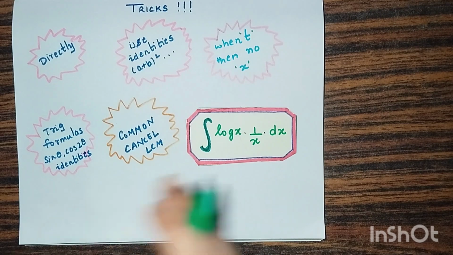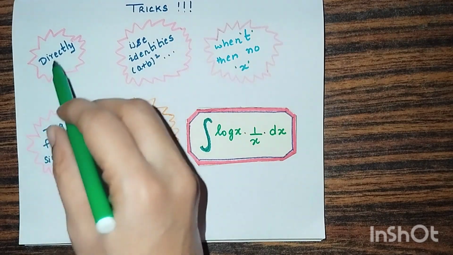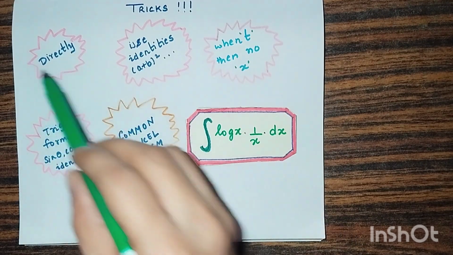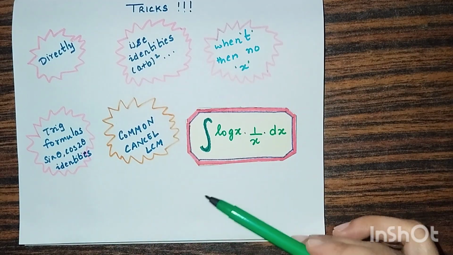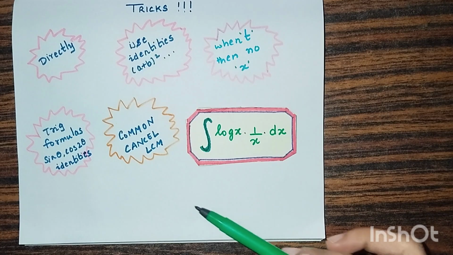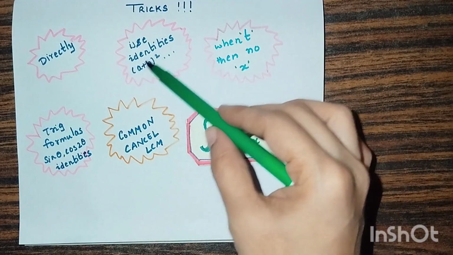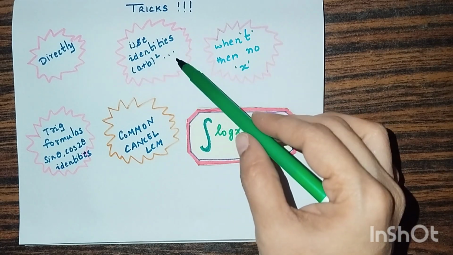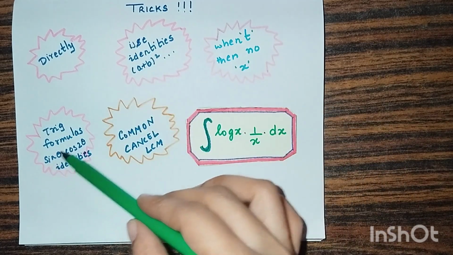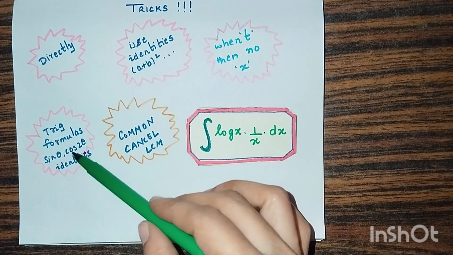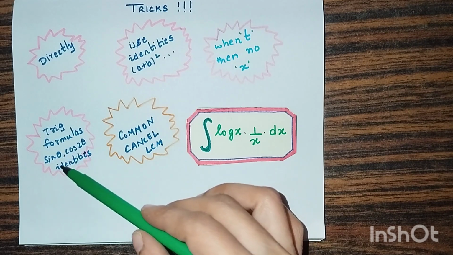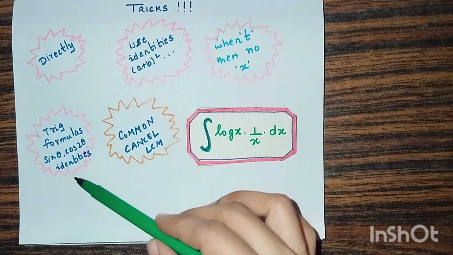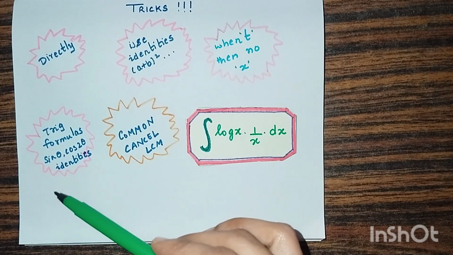But it's not the case every time. Sometimes you will apply it directly, in the very first step itself. But sometimes before applying the substitution method, you have to simplify, either by applying algebraic identities, or simplifying trigonometric functions by using formulas like sine 2 theta, cos 2 theta, or by some identities, and then apply the substitution method.